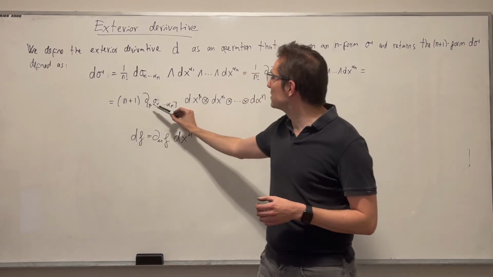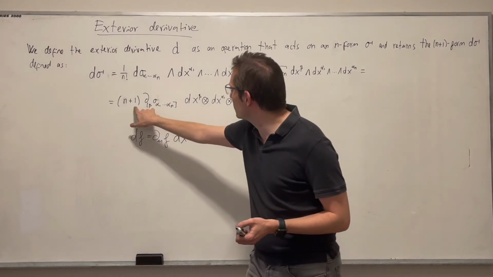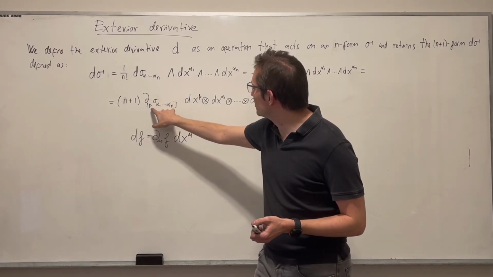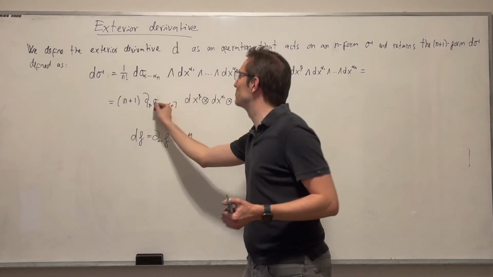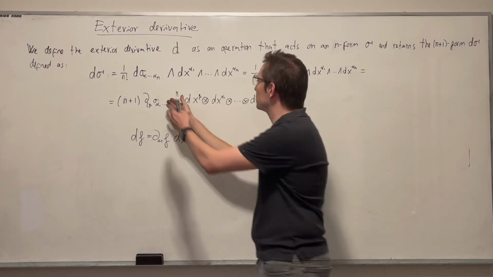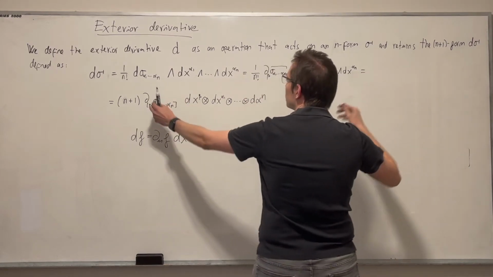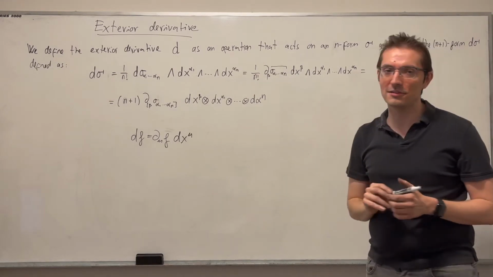So the antisymmetrization now goes into the components like this. It's n plus 1, and then antisymmetrized partial derivative with respect to beta, sigma, alpha 1, alpha n, all the combinations. So the beta is being combined with its sign, the sign of the permutation, with respect to all the possible ones. So it has elements here of all the possible permutations of these indices. That's why it's so much more convenient to write in terms of the wedge.